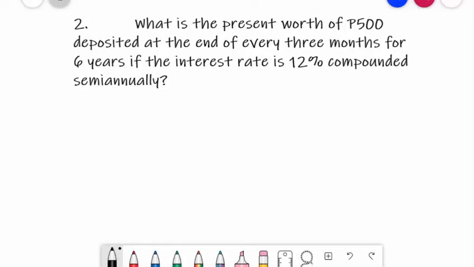Yung una is 3 months. And then, yung isa naman ay semi-annually. So, itong 3 months, what is the equivalent of this? So, 3 months is equivalent to quarterly.